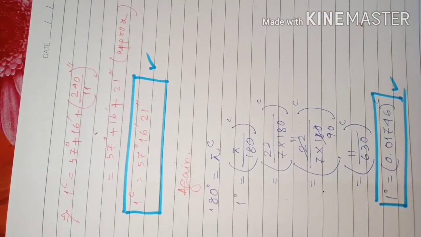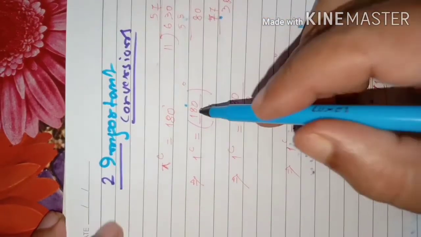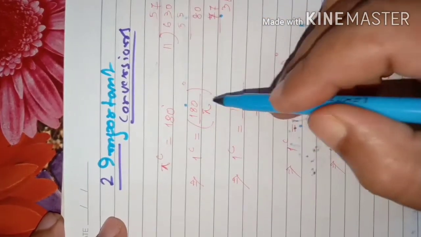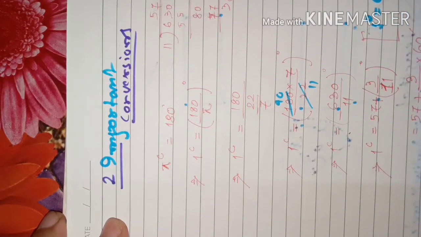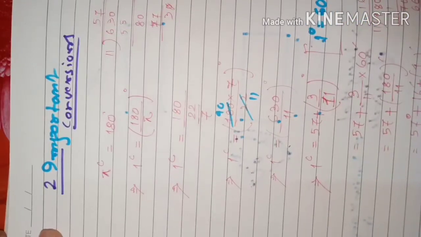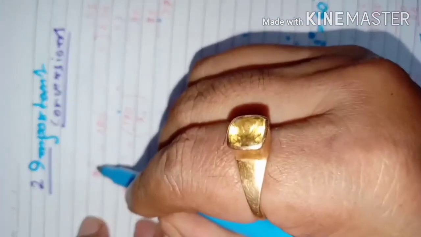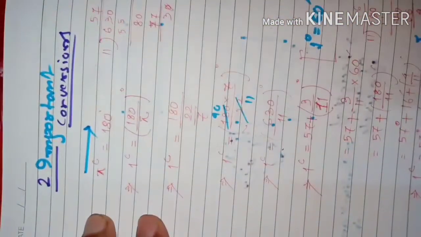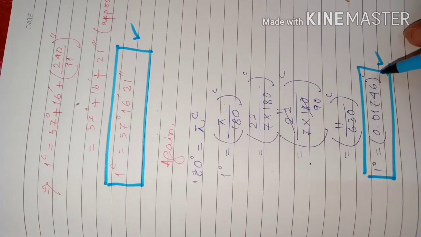And when you are converting radian into degree, then you multiply 180 by pi with the given angle, then it will get converted into degree, minute, second, this way. Okay, so we have learned how to convert from radian to degree, minute, second, and also how to convert degree into radian.